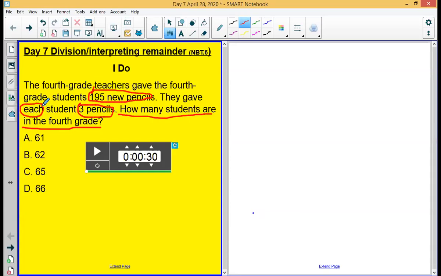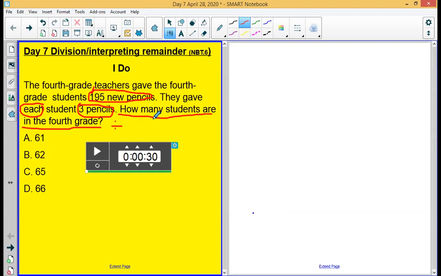So every student got 3 pencils, and there were 195 pencils. So my job is to figure out how many students there were in the fourth grade. So if I have a large sum that I'm divvying out, then this tells me that this is going to be a division problem.